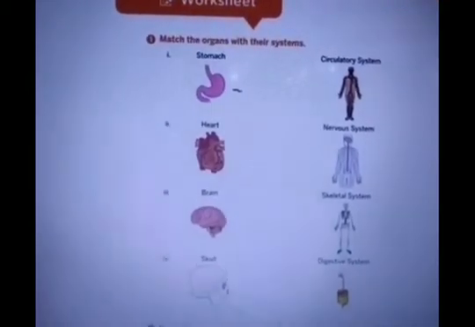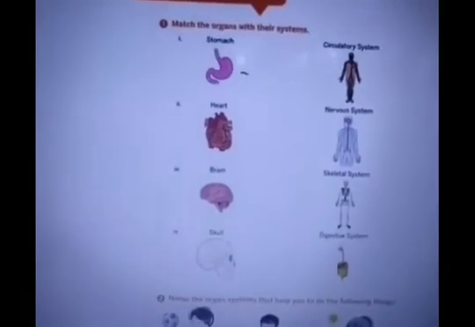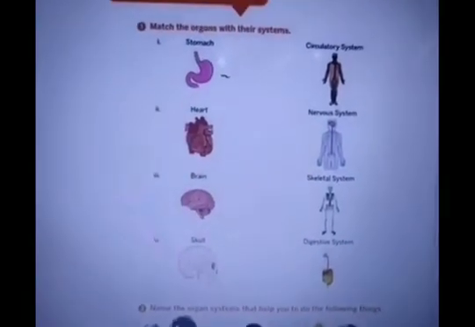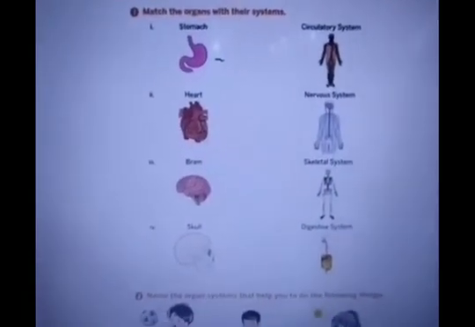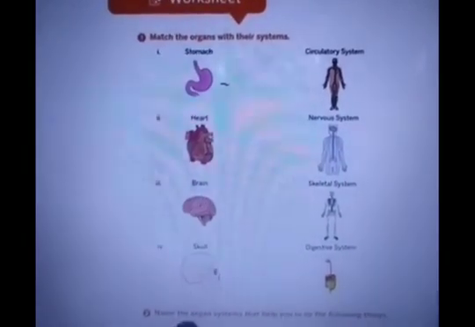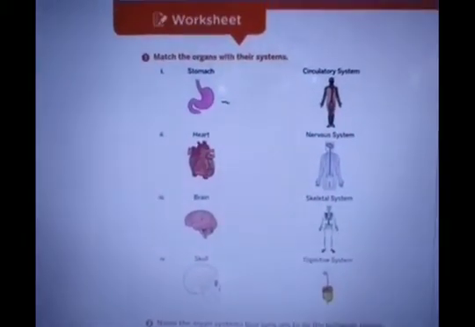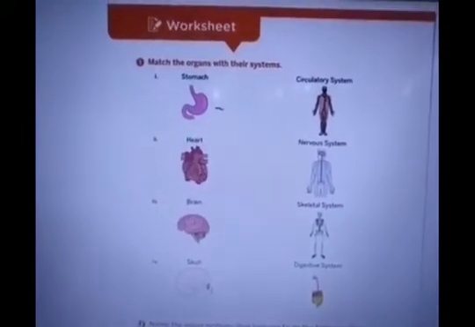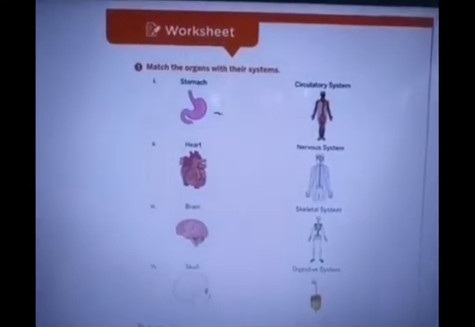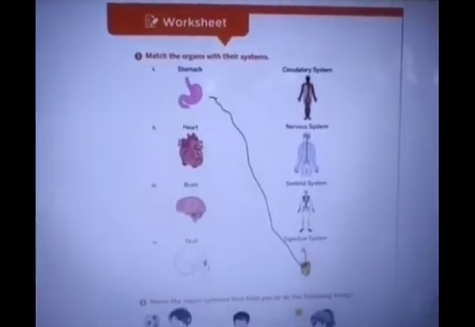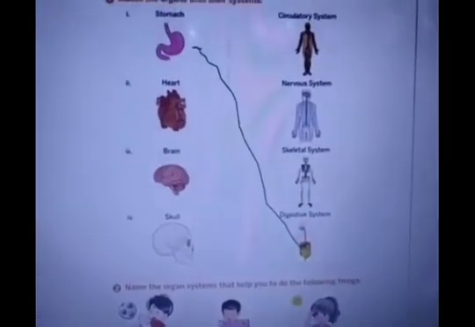So let's start. Stomach is the organ of which system? Yes, it is the digestive system. So let's match. Heart is a part of which system?